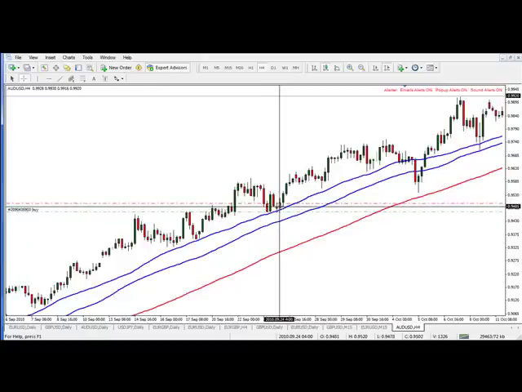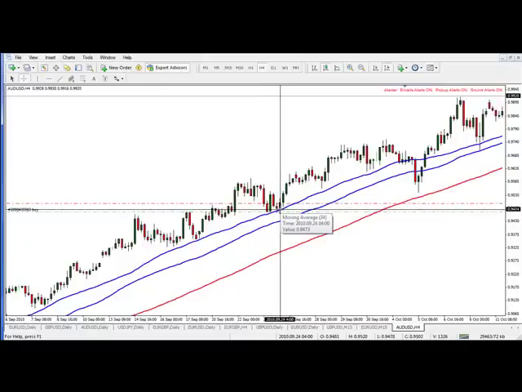We get in right here on this level. If we stayed in this until the end, we made 151 pips off of that trade with an 18 pip stop loss. That's not a bad move. At 2% equity risk, you're maybe 8 to 1 here. That's a 16% equity increase.